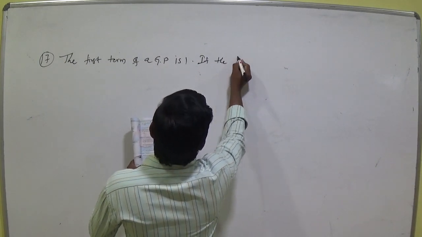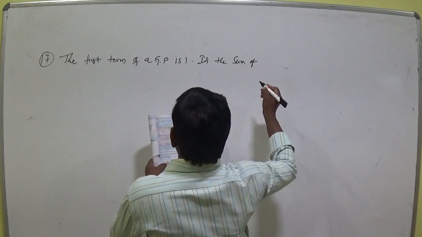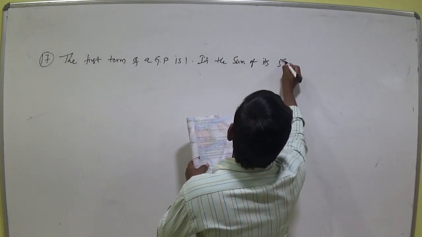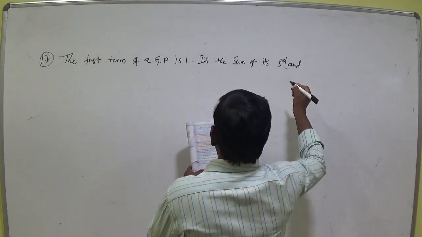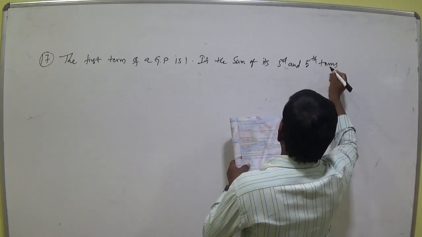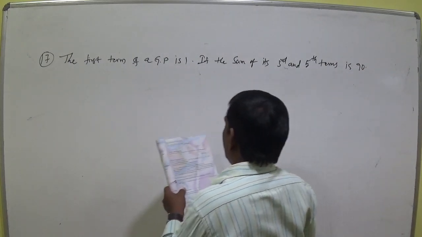If the sum of its third and fifth terms is 90, then the common ratio is dash.